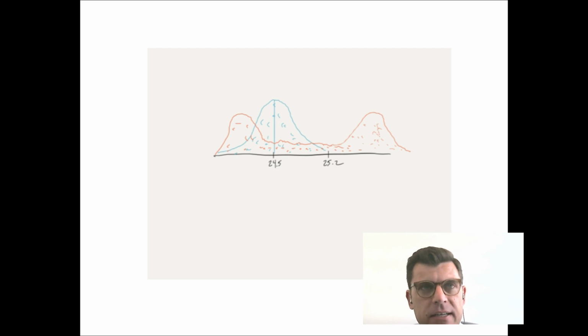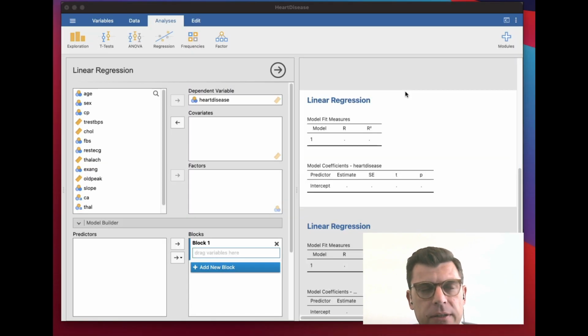I posted a data set that you can use and follow along. I got this from Kaggle. It's an online repository where people post data sets of all sorts, and I just downloaded this.